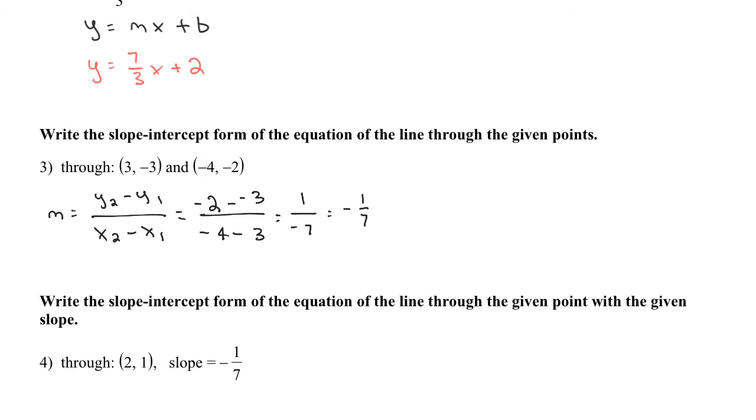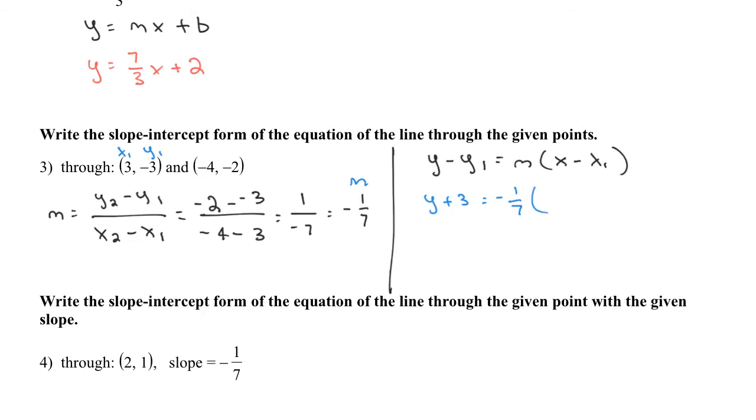And then since I have a point and the slope, we're going to use that formula: y minus y1 is equal to slope times x minus x1. I could pick either of these points. Let's use this one for x1, y1, and then this is our m. We're just going to sub those things in. So I have y plus 3 is equal to -1/7 of x minus 3.